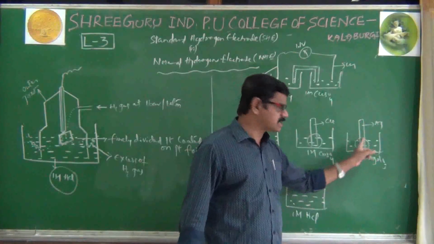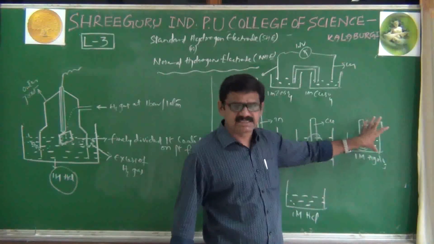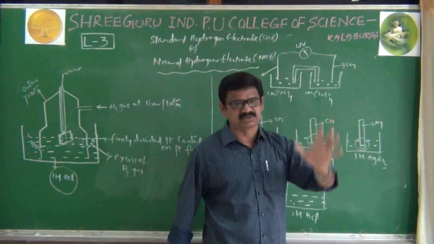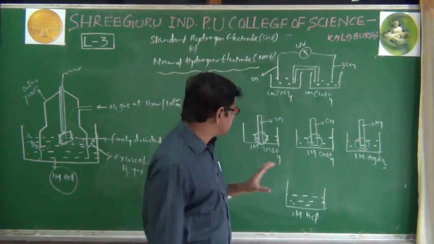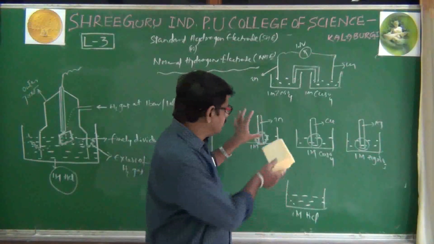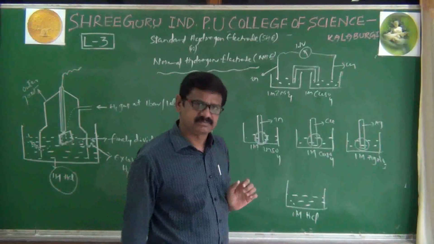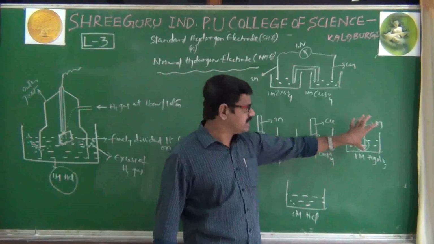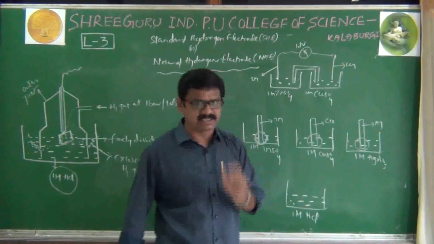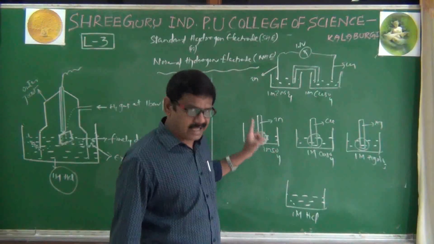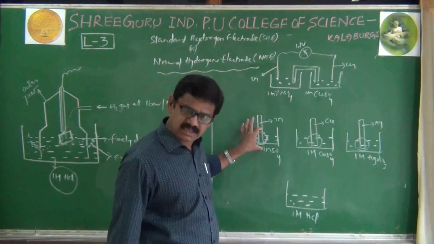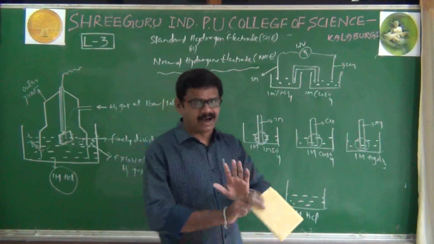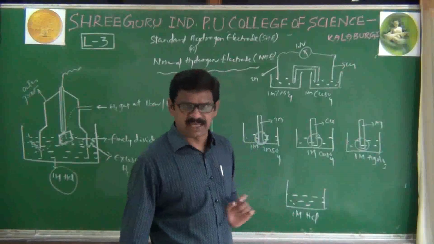Similarly, the electrode potential developed in a silver electrode is not possible to calculate. Why? Because we have taken only single electrodes: only a zinc single electrode, only a copper single electrode, only a silver single electrode. This means the absolute values of electrode potentials of single electrodes are not possible to calculate.